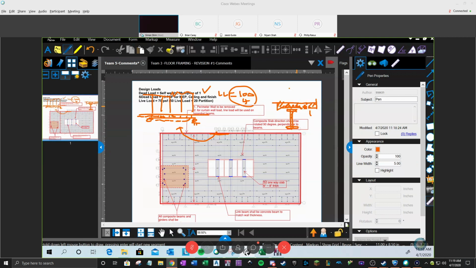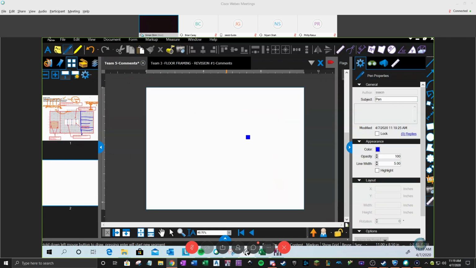Some floors, concrete is poured, right? Some floors, the steel is still being erected, right? So something like that.